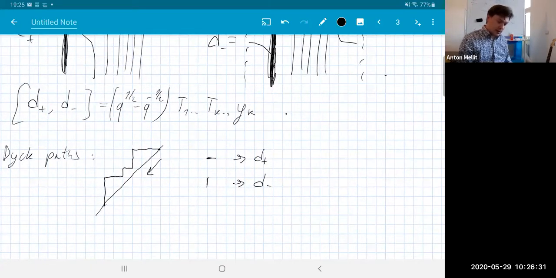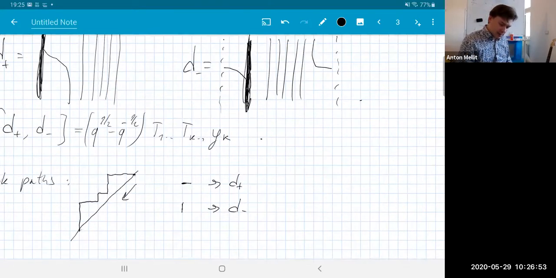When I spoke in the beginning about recursions, this was the most natural recursion for disk paths: the linear recursions involved two coordinates, a step from the right or a step from the top, and it turned out that this gives pictures without intersections.